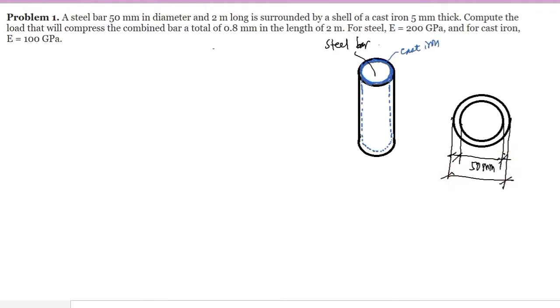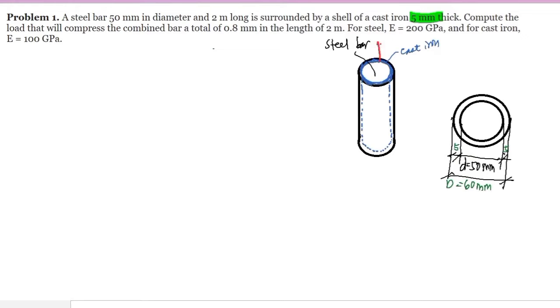Since the thickness here is equal to 5 mm, ibig sabihin we have 5 mm here and 5 mm here, so that would give us the exterior diameter of 60 mm, and we denote this as the capital D, and the lowercase d naman itong interior diameter natin. So we are asked to find the compressive load P.